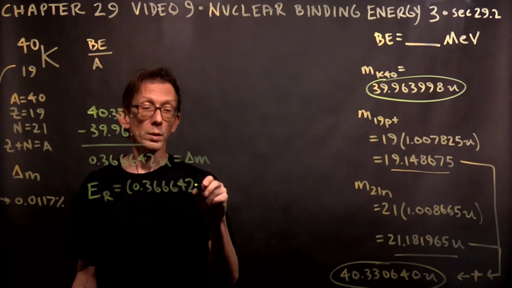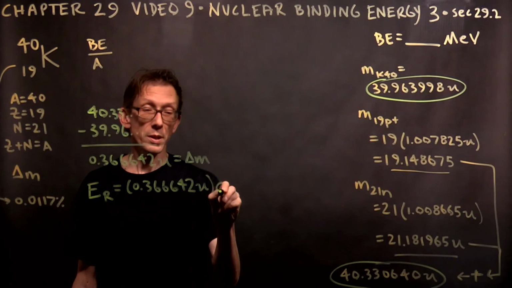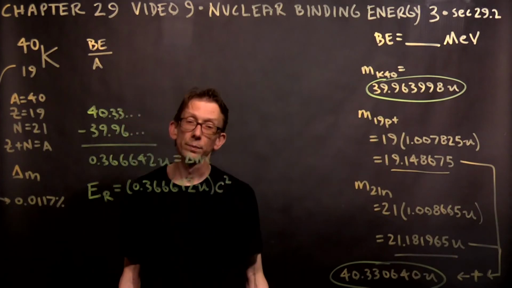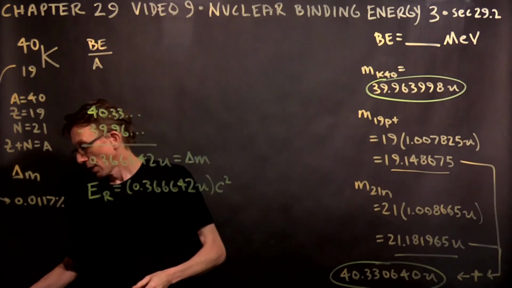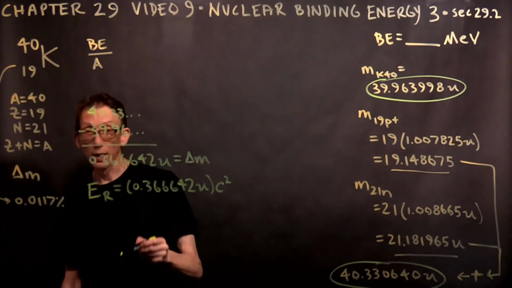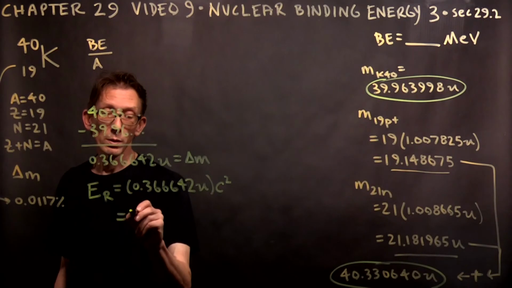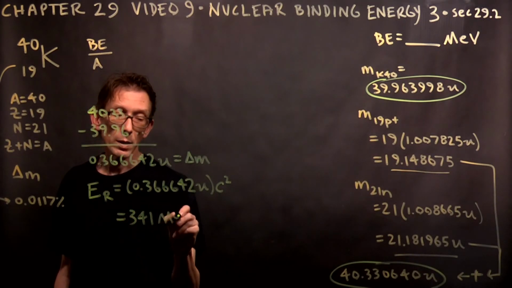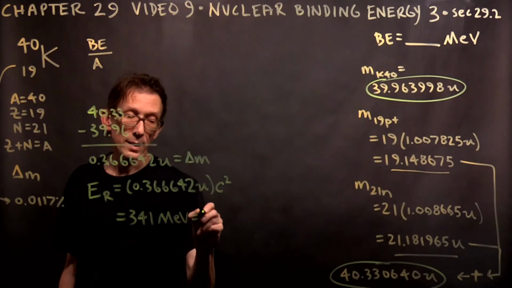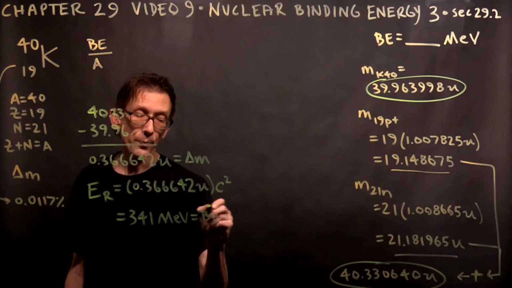0.36662 u times c squared. Okay. And when you do that math, you get 341 MeV. So that is the binding energy.